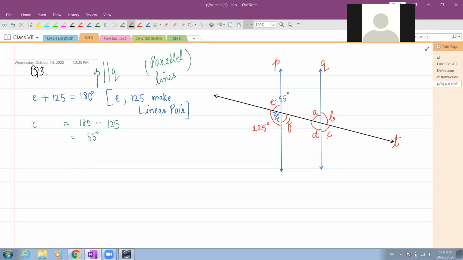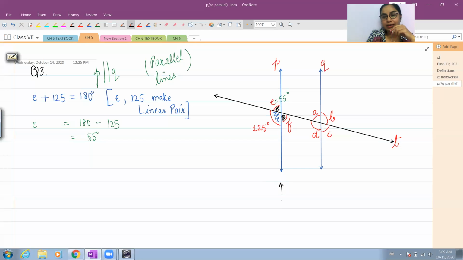Ma'am, because... Is it Bhavya? Yeah, Bhavya, beta, speak a little louder. I am not able to hear you. Angle E and angle F form vertically opposite angles. That's correct. Angle E and angle F, they are forming vertically opposite angles.